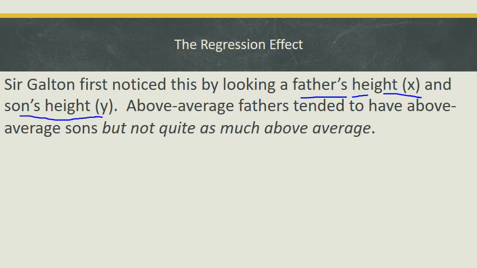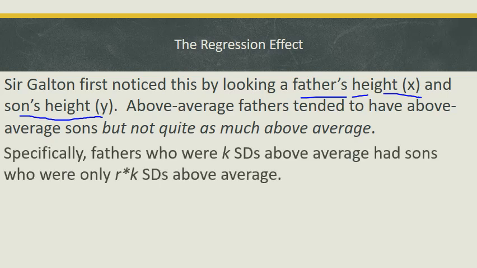And very predictably, he found a positive relationship. Tall fathers tend to have tall sons, and short fathers tend to have short sons. But the weird part was that the sons weren't as far above or below average as their fathers, and that's why he called it regression. There was a tendency to return back to the center or the average height.